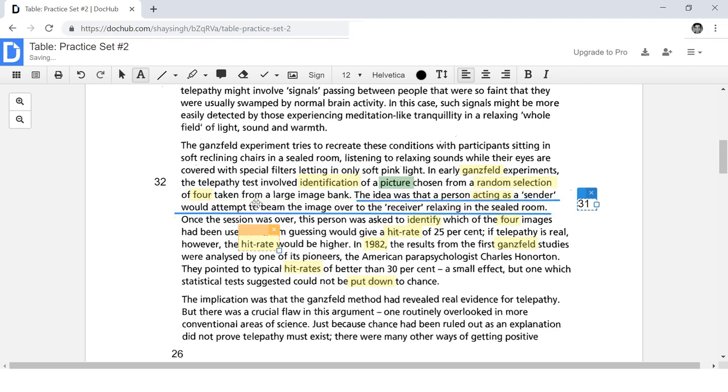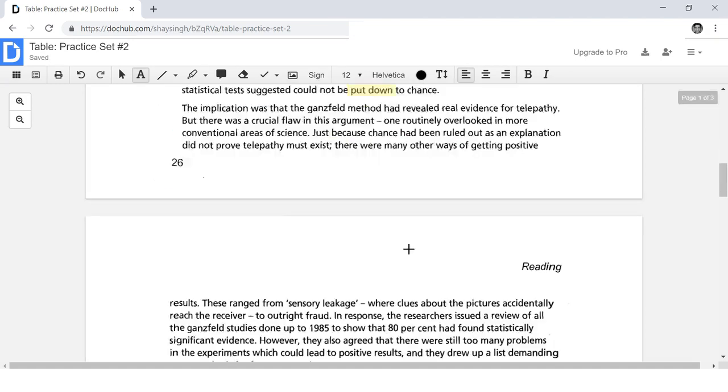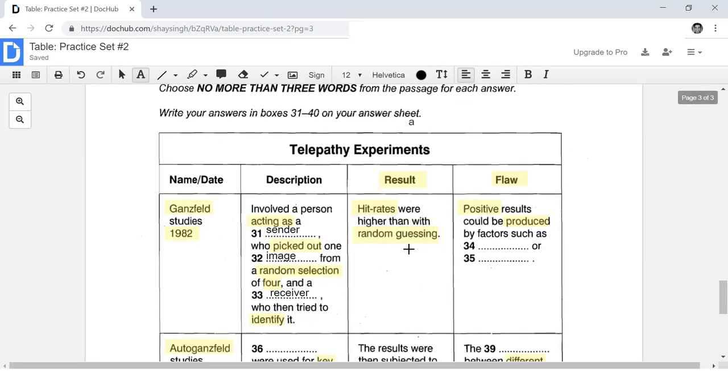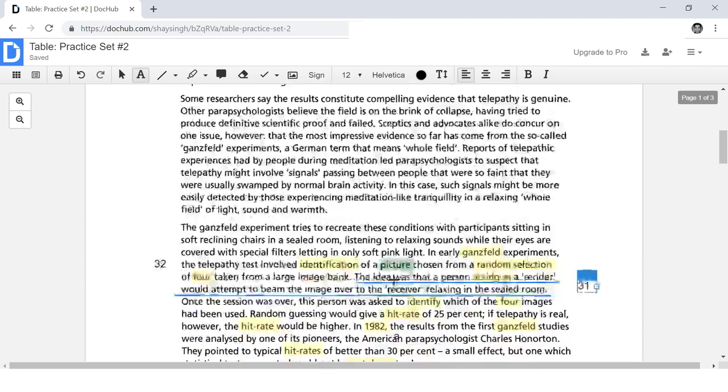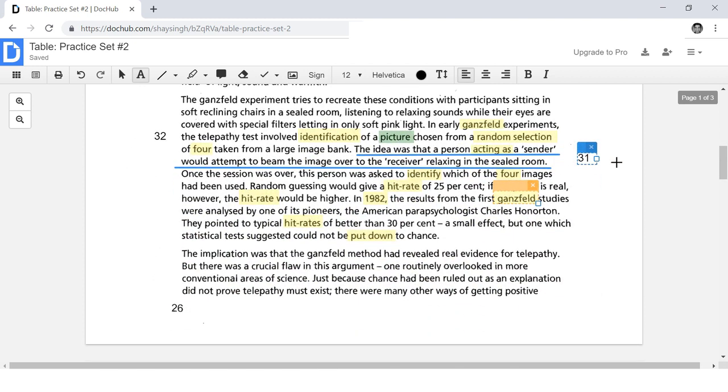So probably going to be around this area, because we are looking for questions 34 and 35. So we found 32 here, we found 31 and also 33 in this line, and 34 is probably going to come after this point. I'm assuming that these questions are going in order.